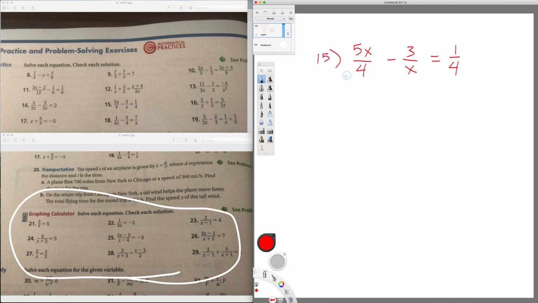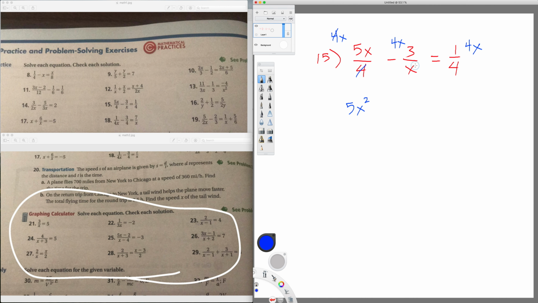And so let's see, I'm going to go to a different color so I can track my work a little bit. So I'm going to multiply everything by a 4 and an x. So 4x, 4x, and 4x. So the 4 is going to cancel here. X times 5x is 5x squared.